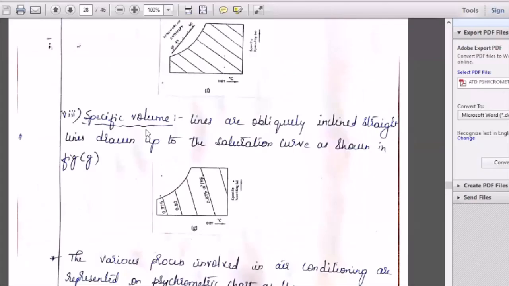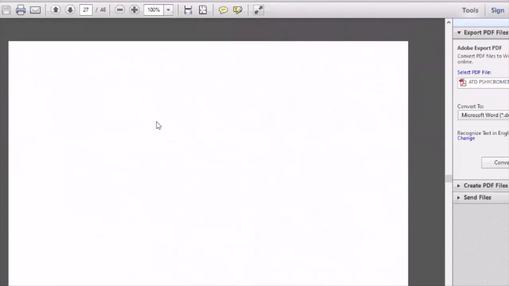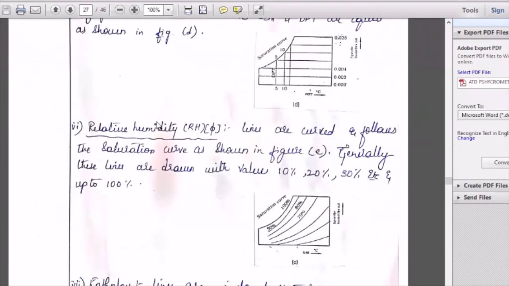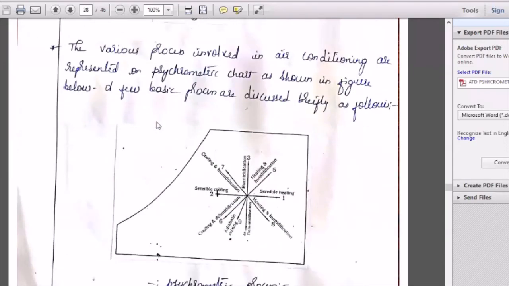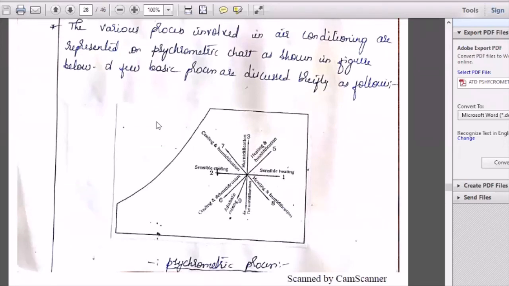So once after identifying these different lines and curves in the psychrometry chart, after assembling, let's go for psychrometry processes. Yes, very important. They ask this for 4 marks. Identify and represent the psychrometry process in the psychrometry chart.